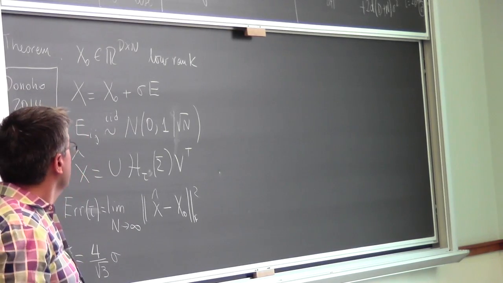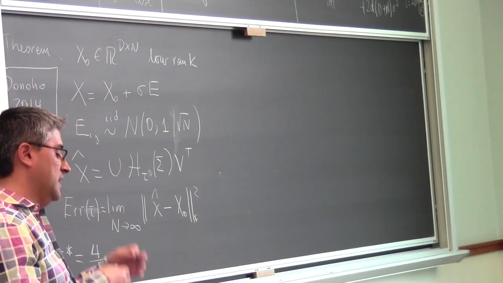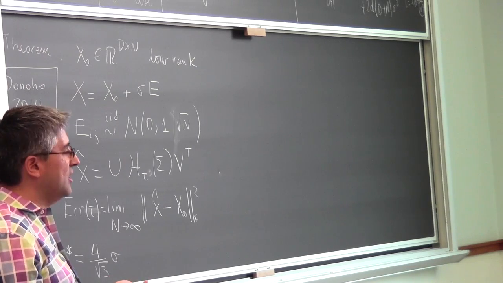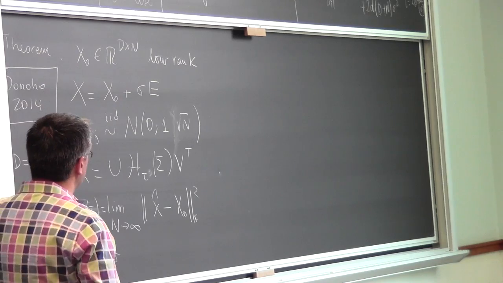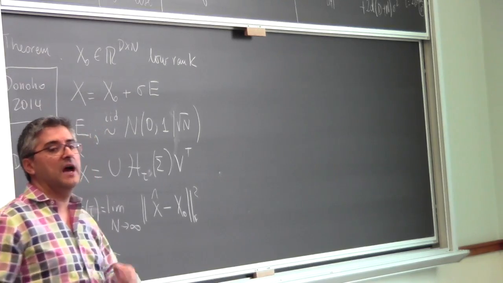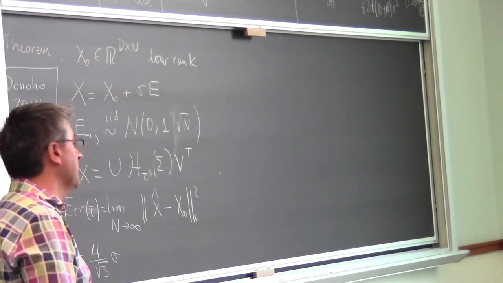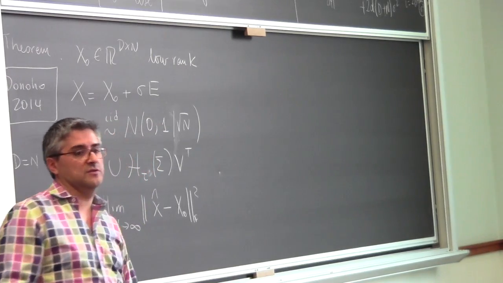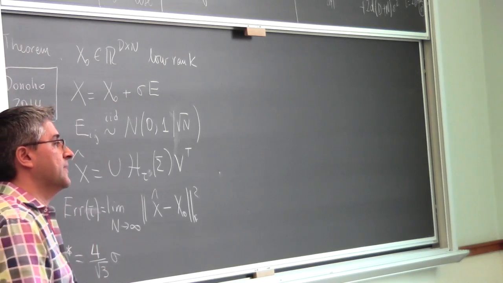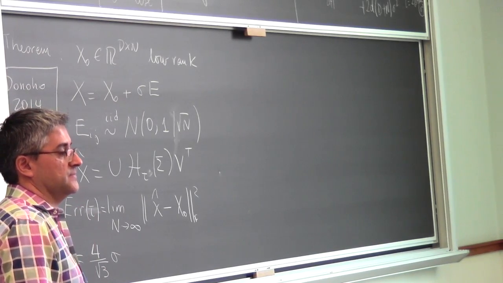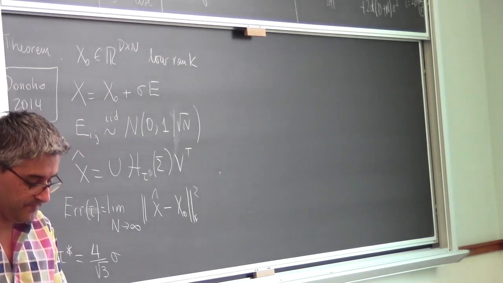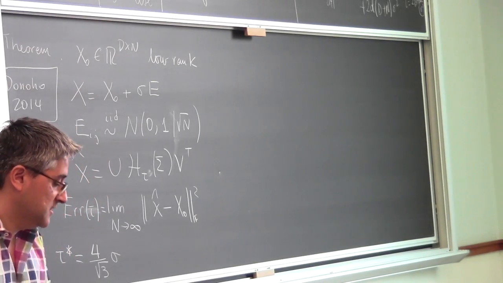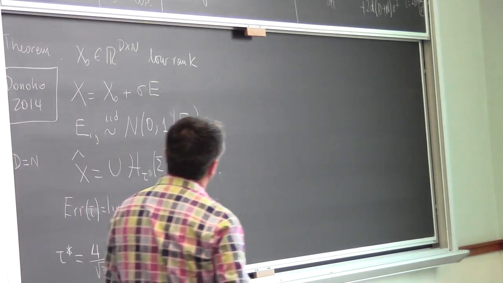But as it turns out, if you make assumptions, if data is low rank, you draw the entries at random, you compute this so-called asymptotic mean square error, because that's the sum of the square of the errors, and asymptotic because I'm letting the size of the matrix go to infinity. So as it turns out, if I knew just the standard deviation of the error, I could find the optimal threshold. And let me just conclude there with the chapter.